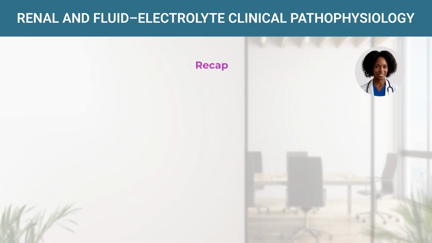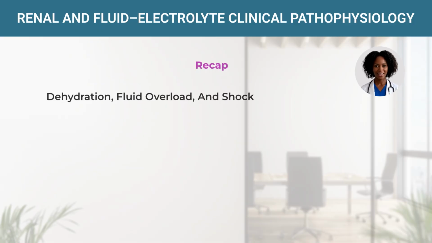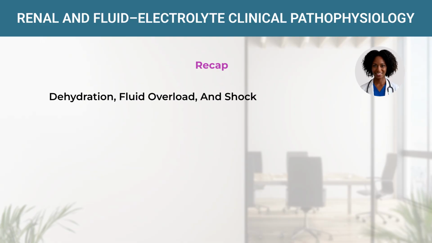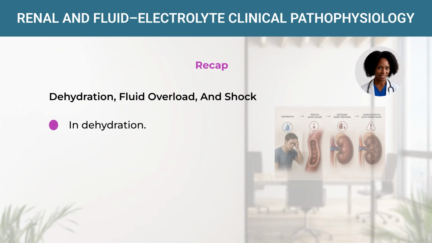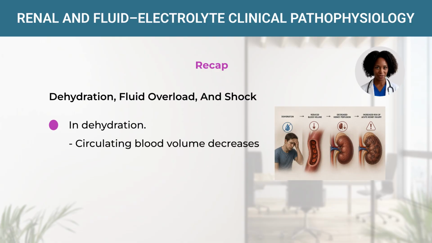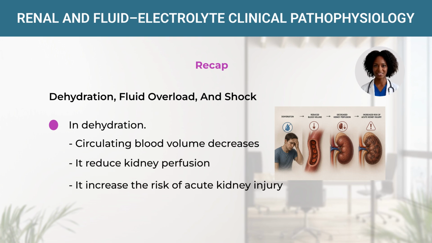In the previous lesson, we talked about dehydration, fluid overload, and shock. We said that these conditions may look similar clinically. In dehydration, circulating blood volume decreases, reducing kidney perfusion, and increasing the risk of acute kidney injury.